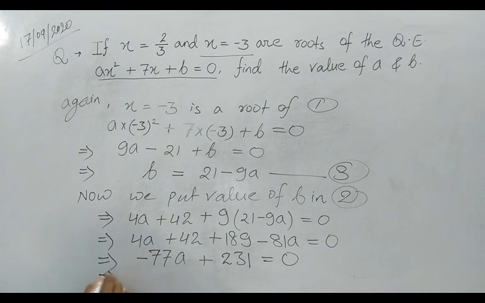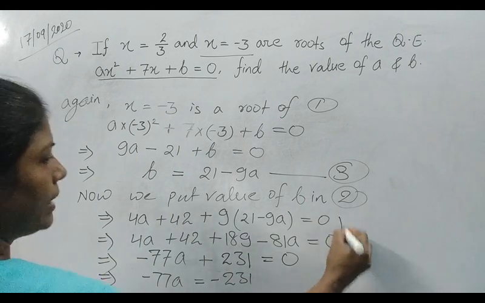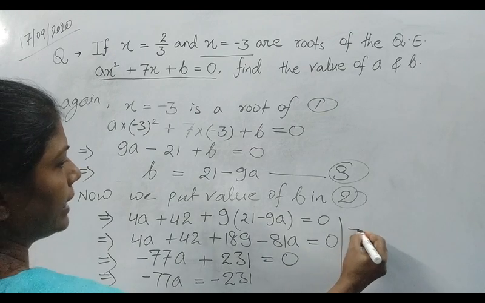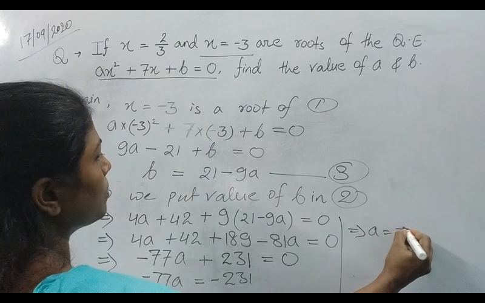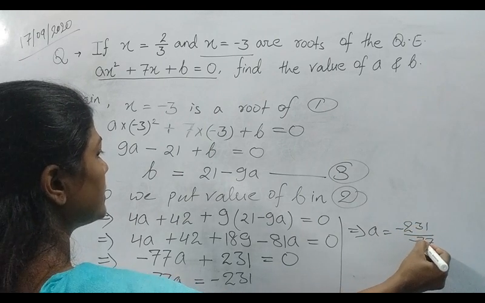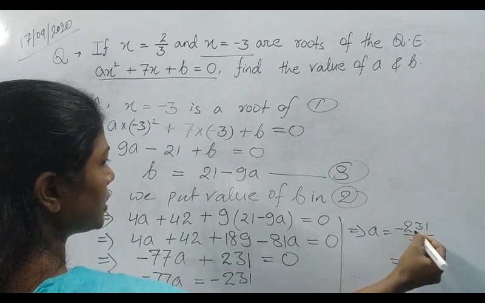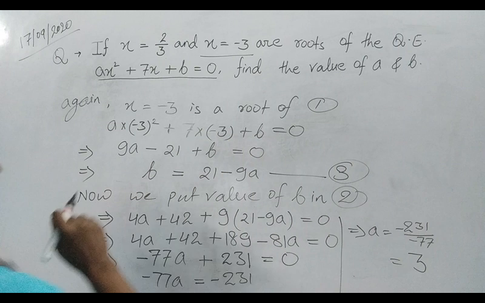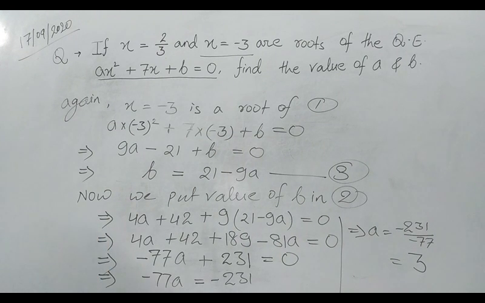Now send minus 77a, send 231 to the other side, then we get minus 231. So when we do the simplification, this implies a is equal to minus 231 by minus 77. So we get 3. That means the value of a we get here is 3.